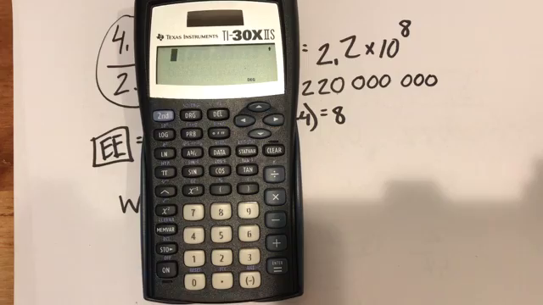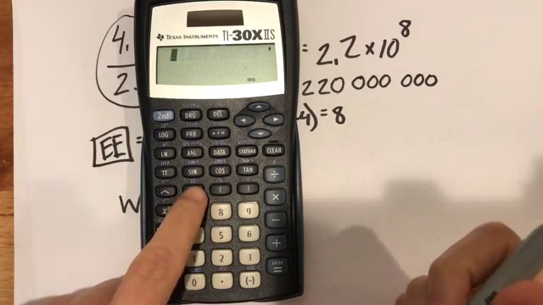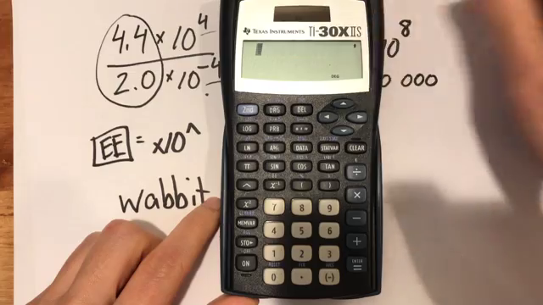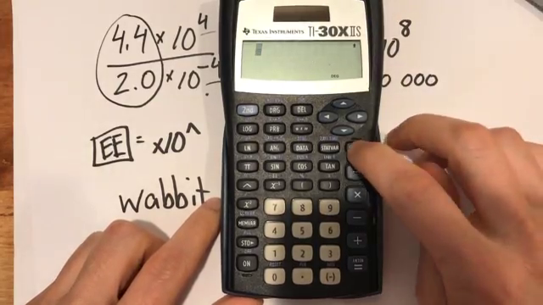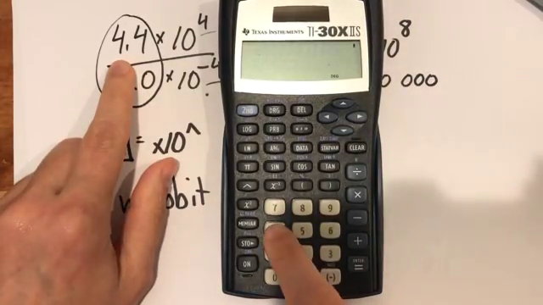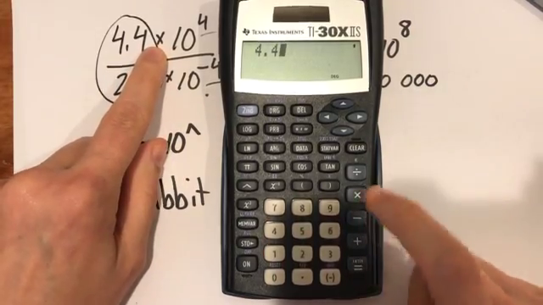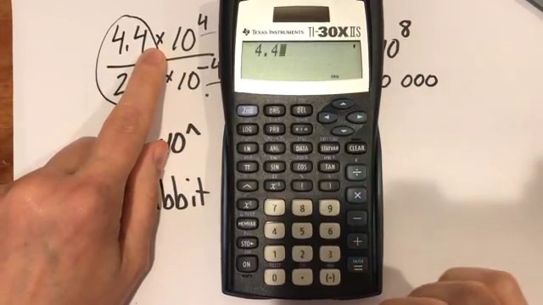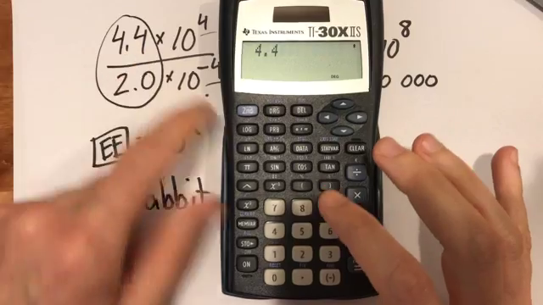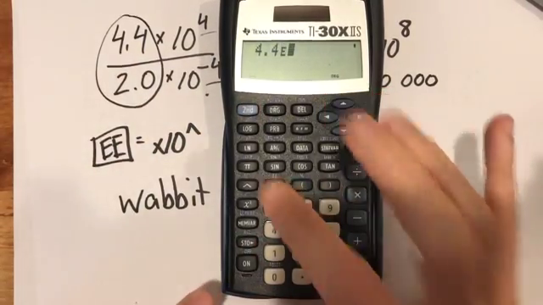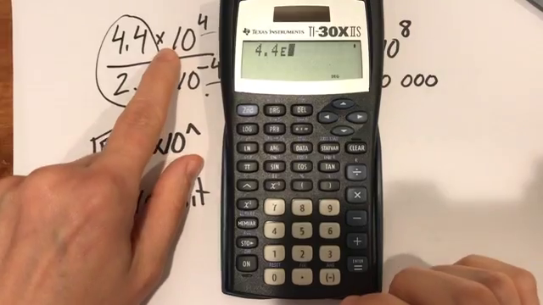So same sort of thing here. I'm looking for the EE. So the order of entry here is going to be very similar to what you did on the iPhone. So 4.4, and instead of hitting times or 10, you need the EE button. So after entering the mantissa, it's the second function, and then the button above the 7 puts the E on the screen.